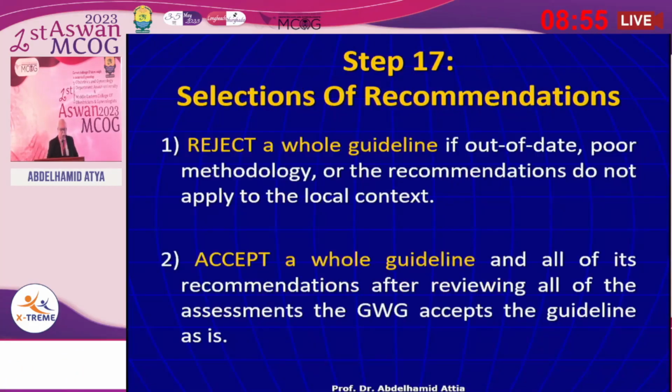And here, you can reject a whole guideline. I will not take any recommendation from this guideline. It is allowed. I can accept a whole guideline. I am going to take all of this guideline as such, and I will not modify anything. This is acceptable.